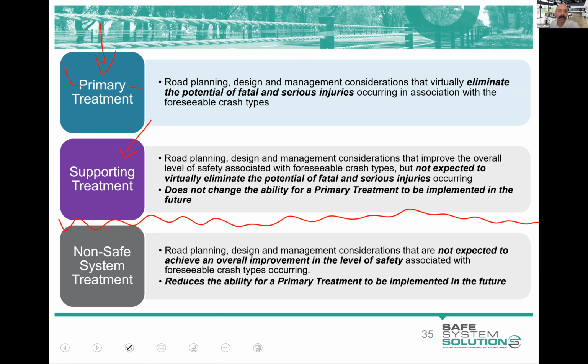We'd love primary. It's just a way to say these are your bigger ticket ones that are going to give you significant step change, and the supporting are smaller, tweaking around the edges. Non-safe systems really just in there for terminology. Anything that makes things worse alignment with safe system principles, or is genuinely hampering your ability to do primary in the future.